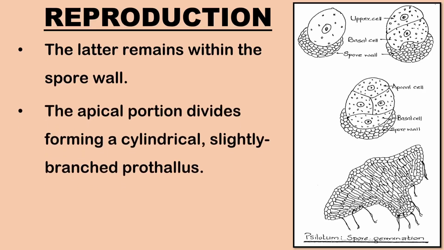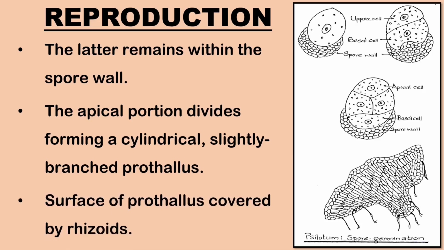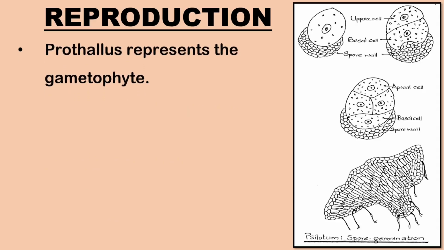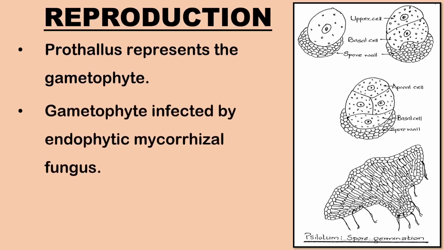The apical portion divides repeatedly, forming a mass of thin-walled cellular body which becomes a cylindrical, slightly branched prothallus, whose surface is covered by hair-like rhizoids. Prothallus represents the gametophyte. The gametophyte becomes infected by endophytic mycorrhizal fungus.